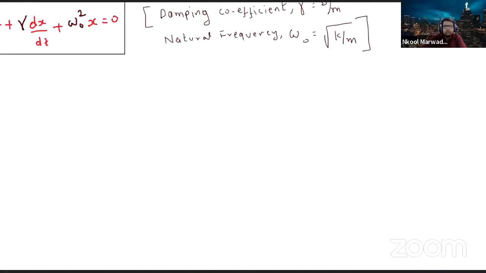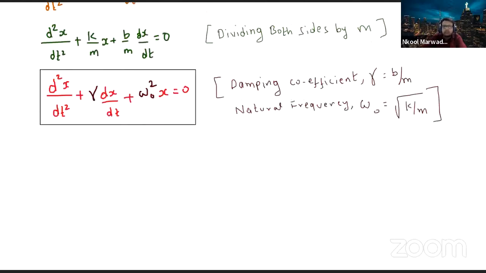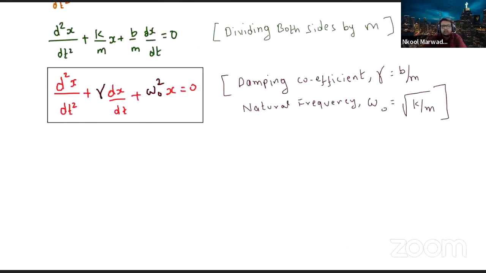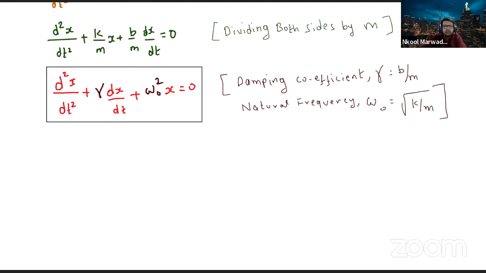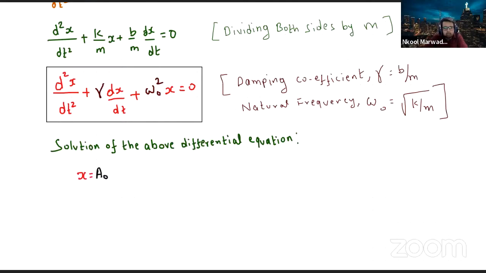So the solution of this differential equation will be the displacement, the function of the displacement, and that is what we are interested in. Ultimately, we are interested in that solution of the above differential equation. So we have the solution is something like x is equal to a naught e to the power of minus damping constant multiplied by t divided by 2m cos of omega t.